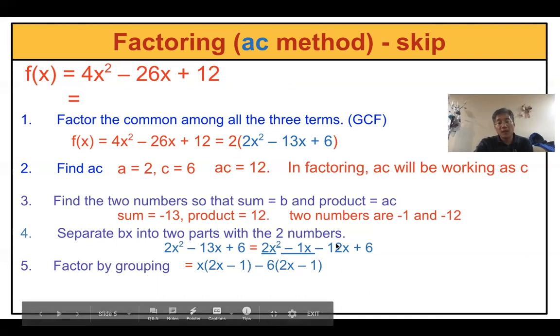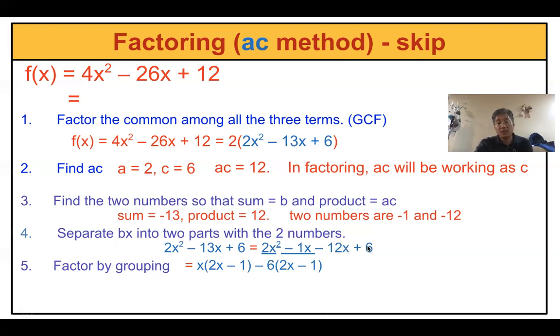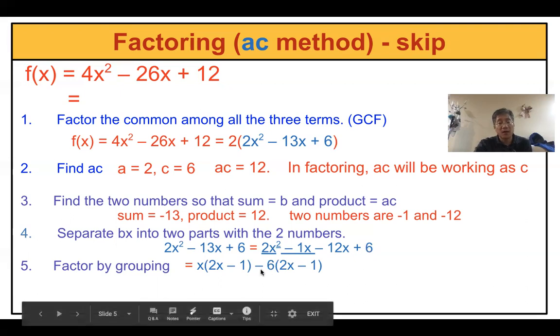When you have a negative in the first term, take it out as a factor together. And then 12 and 6, the common is 6, so negative 6 comes out. And then inside the parentheses, because of the negative outside, you need to change all the signs inside. So negative 6 times 2x is negative 12x, right? And negative 6 times minus 1 becomes positive 6.